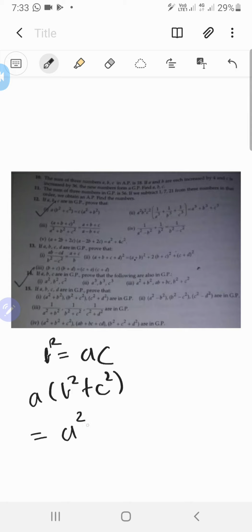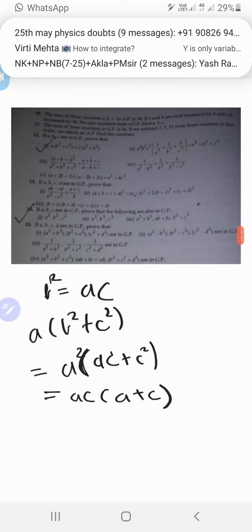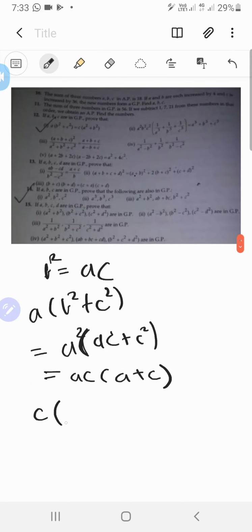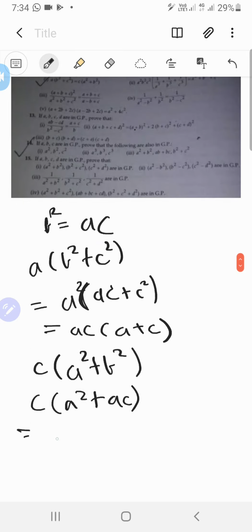This is going to be A into AC plus C squared, which is AC into A plus C. The right hand side is C into A squared plus B squared, so C into A squared plus AC, which is AC into A plus C. So yes, both left hand side and right hand side are equal. That's the legit equation.